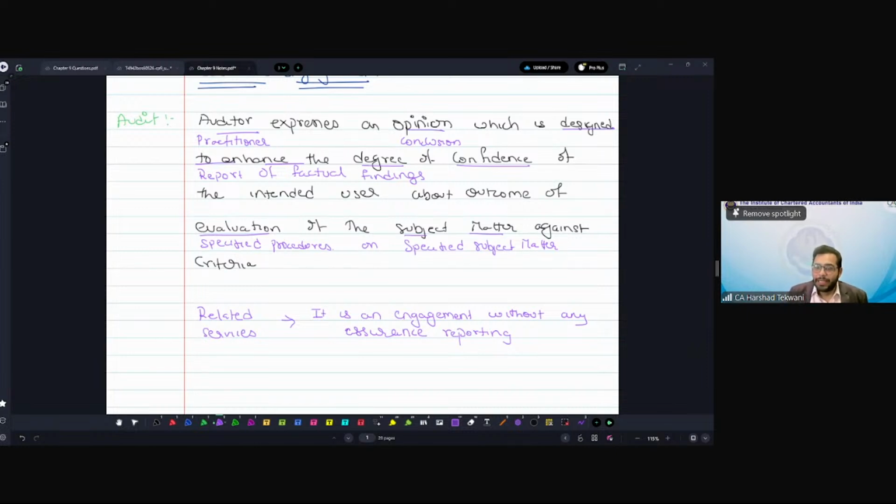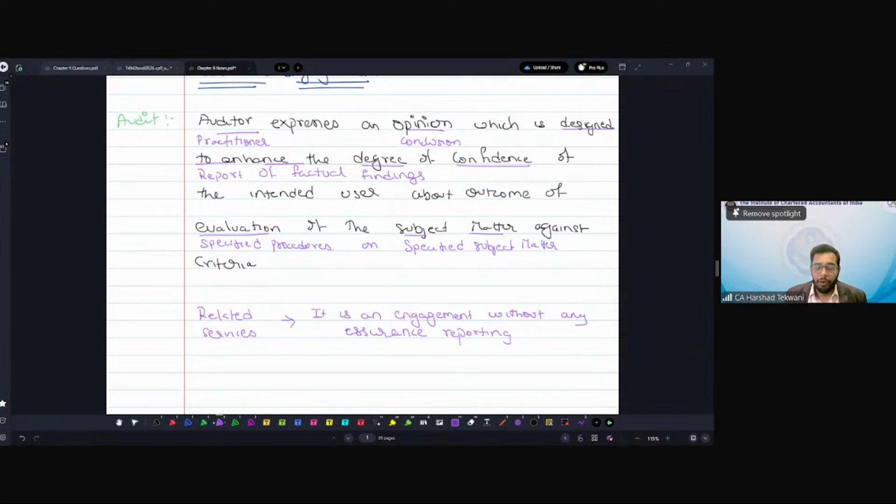Now, what happens is whenever in a certificate the words come, true and fair in all material respect. See, in the majority of the certificates, the format is already prescribed by the law.